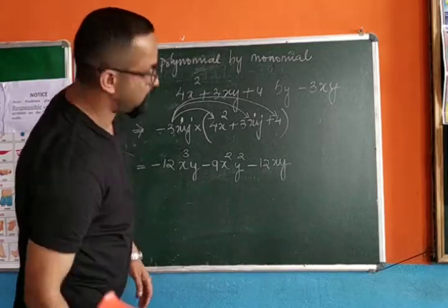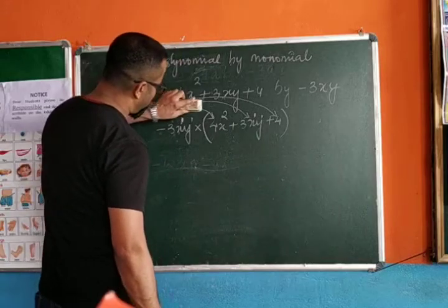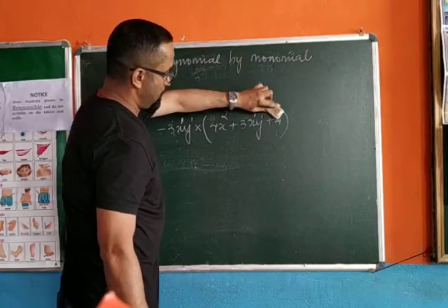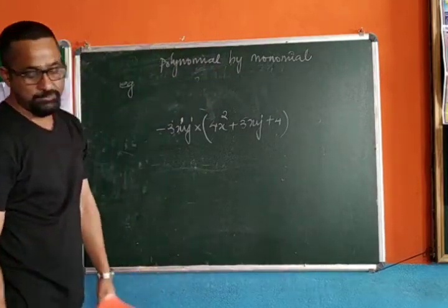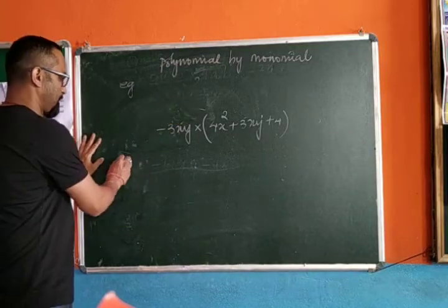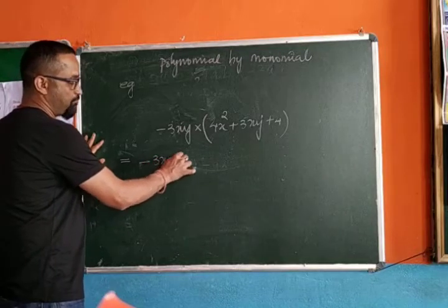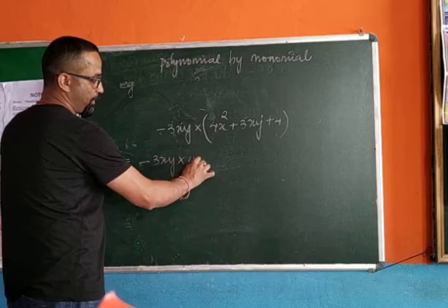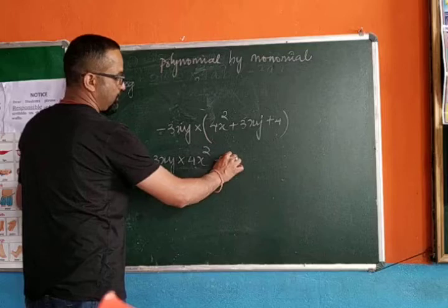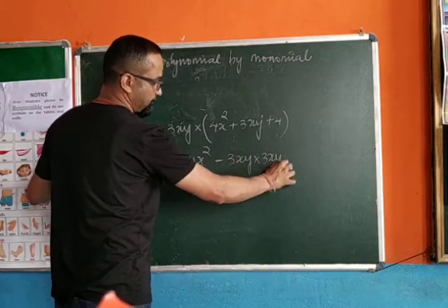Row method only. Or you could solve it like this. Look at this one. I think this will be easier. When we proceed with multiplication, either you can solve it directly or you can write this. Steps will be more. Minus 3xy multiplies 4x squared. Minus into plus is minus. 3xy multiplies 3xy.